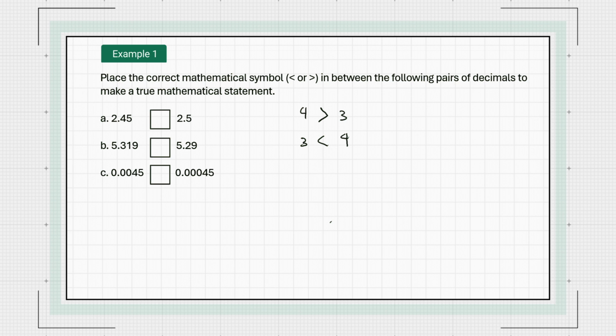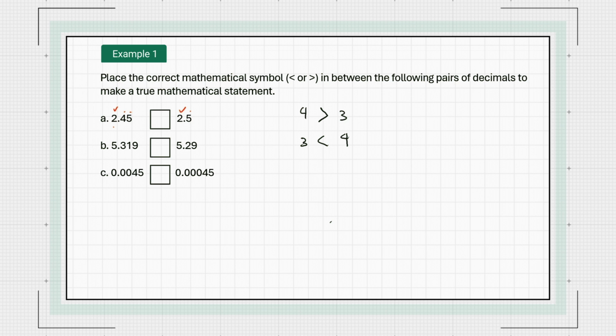So we need to decide whether 2.45 is greater or lesser than 2.5. So we know that the 2 is the same in both, so they both have 2 units. This one here has 4 groups of 10, and this one here has 5 groups of 10, but this one here has 5 groups of 100.